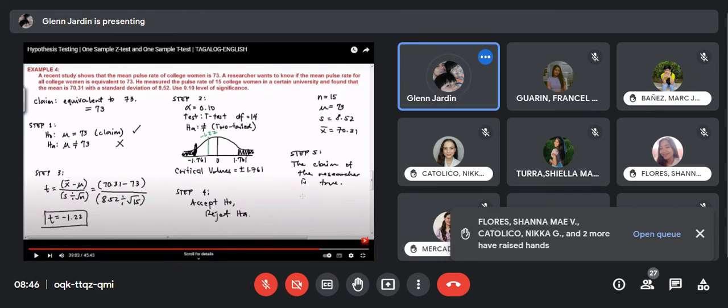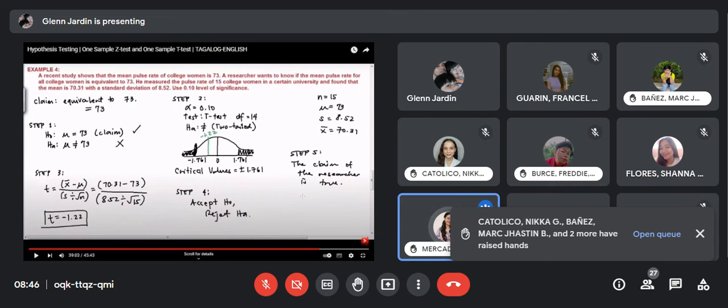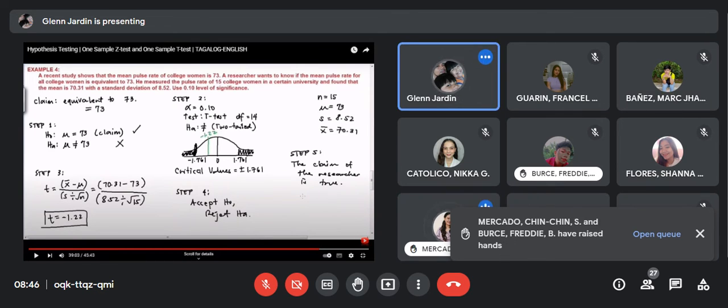Iba namang kamay? Participate naman kayo. Sir, ako na po. Yeah, Mercado, please.